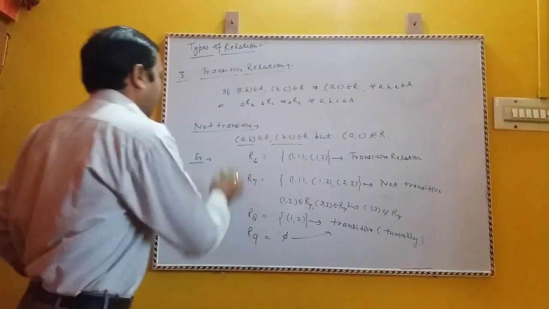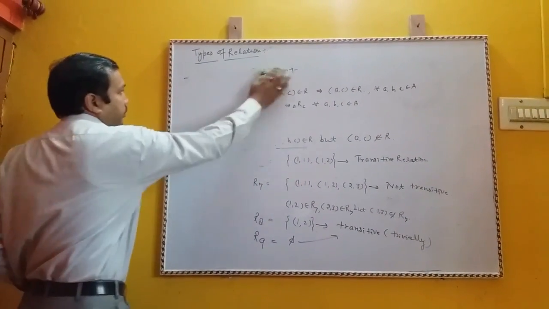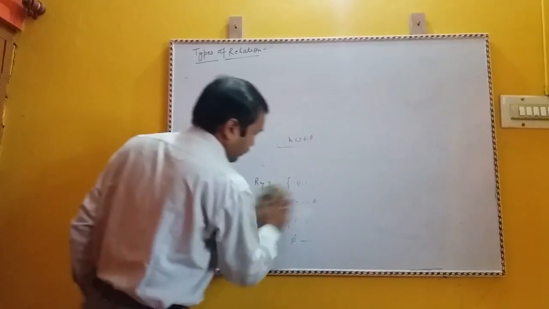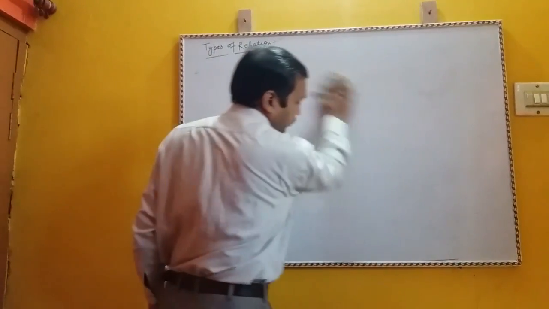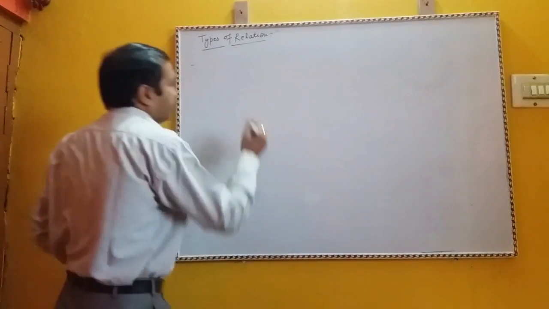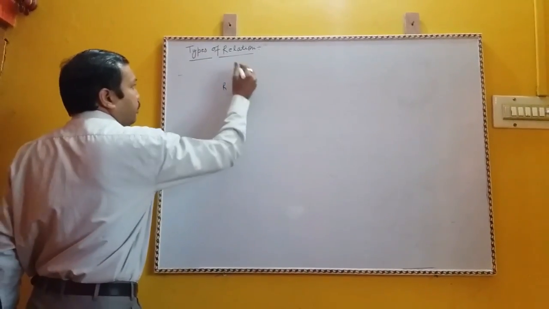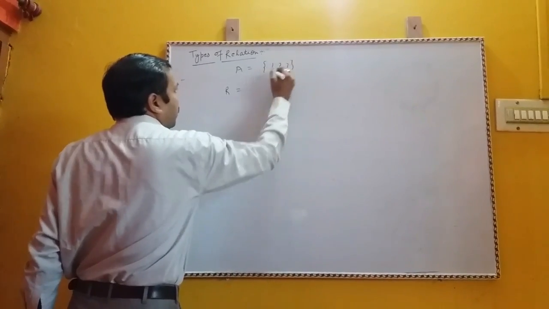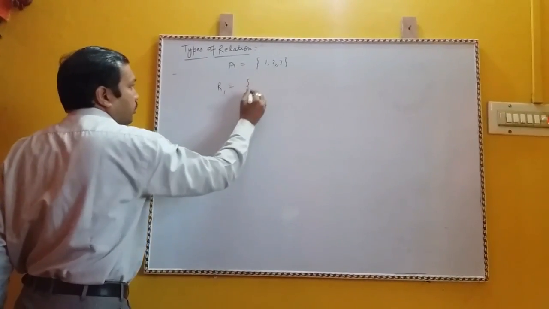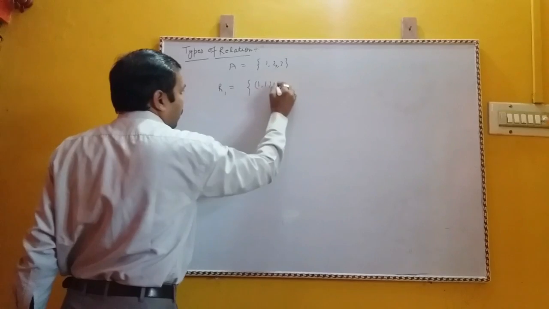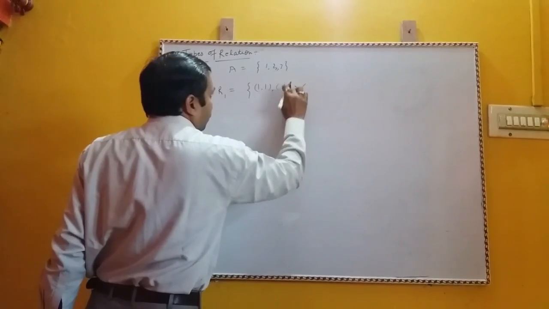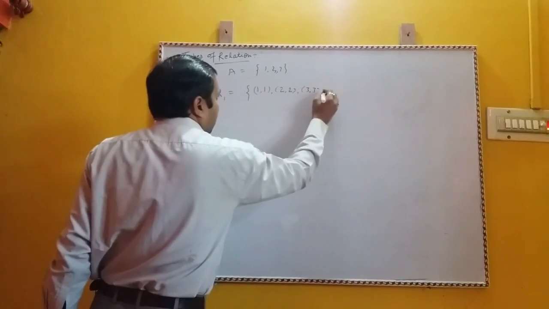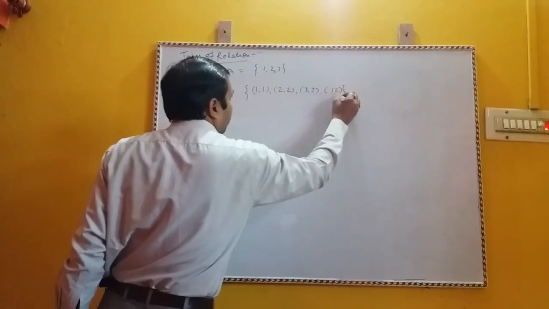Now, let us consider an example. Let us write a simple example on a set A = {1, 2, 3}. R1 = {(1, 1), (2, 2), (3, 3), (1, 2)}.